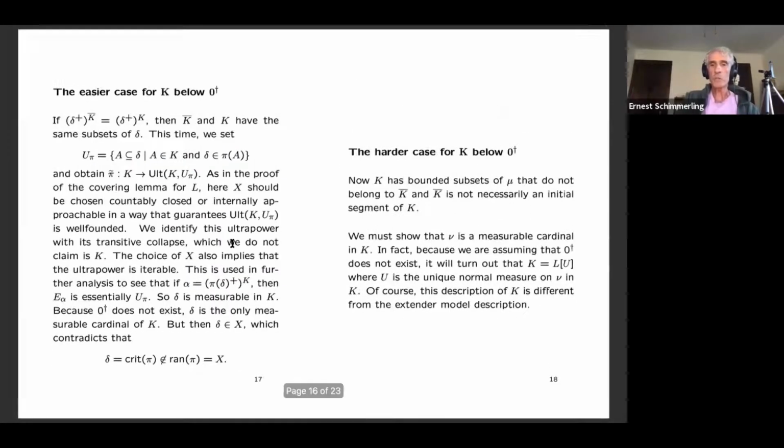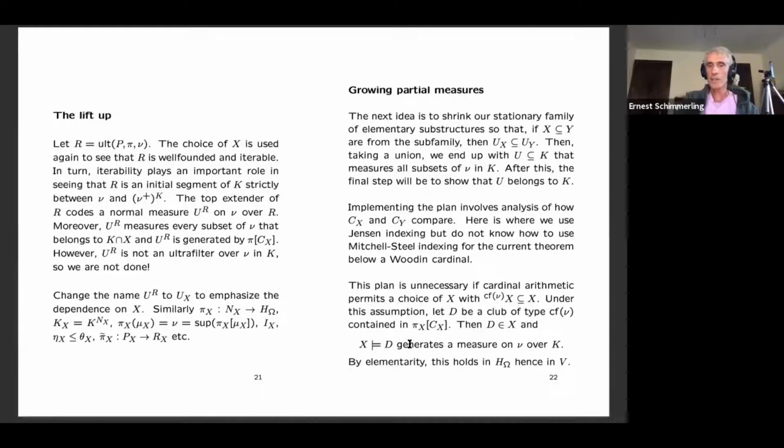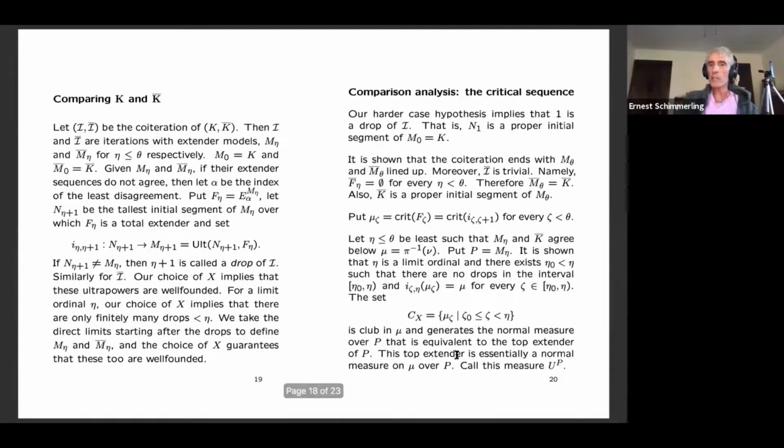So this P looks like that as well. This P has this top predicate. That's an extender, but it's equivalent to a measure over P. Okay, so this is all downstairs.